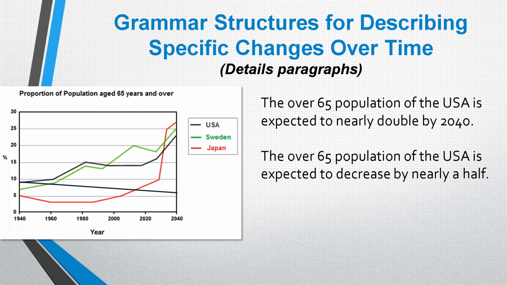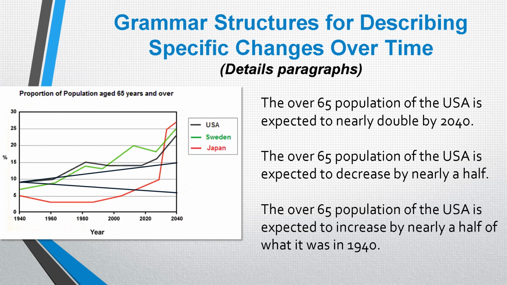You could also say the population of the USA is expected to increase by nearly a half of what it was in 1940. And that's the other line that's just appeared. So using language of proportion is another accurate way to describe changes over time. Let's have a look at a few more.